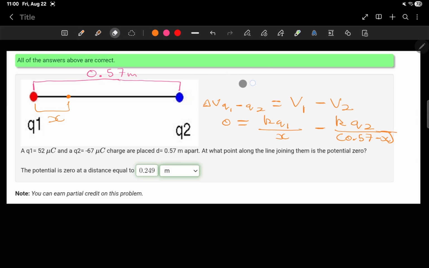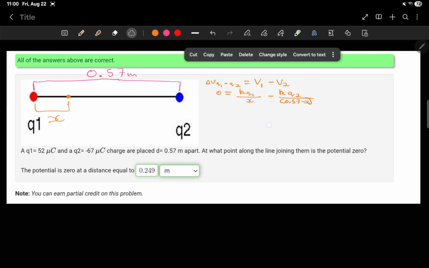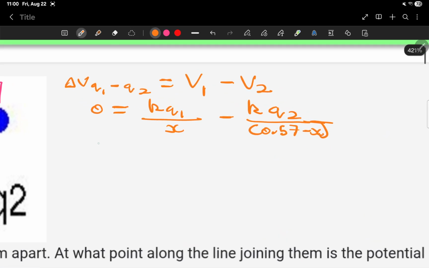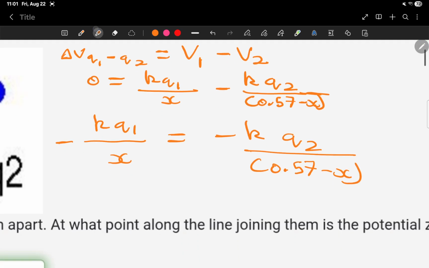Now I'll rearrange the equations a bit. Now you'll notice something, that there are certain common terms that will cancel.